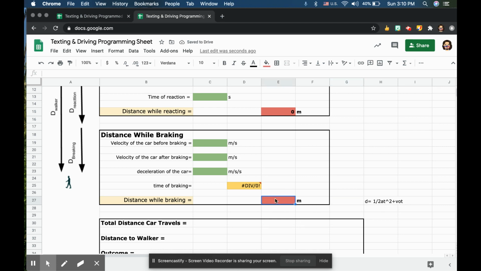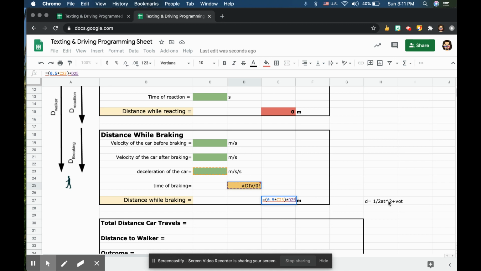I'm going to go back into my E27 cell and type in the equal sign. I don't need the D for distance in that because that's over here. So 1/2, I'm going to represent 1/2 with 0.5 just because that's a little bit easier, times acceleration, which is C23, making sure that I'm clicking the right cells. I'm going to close that parenthesis, and then multiply that by time, which is D25. And I need to square this.